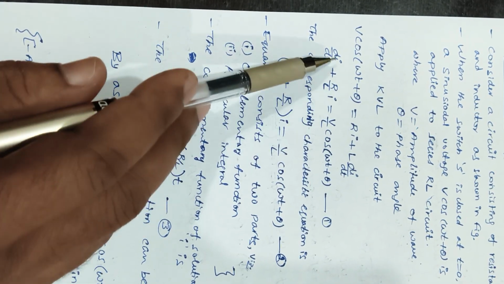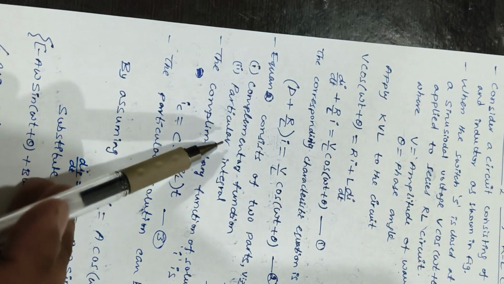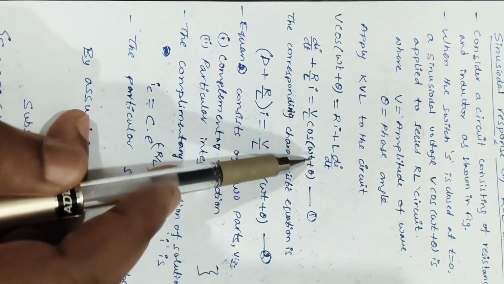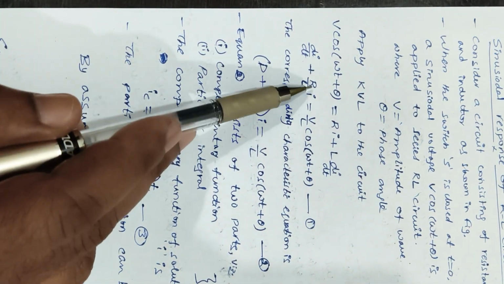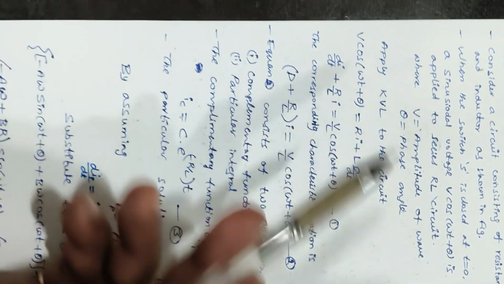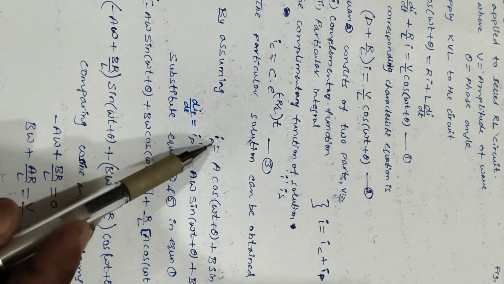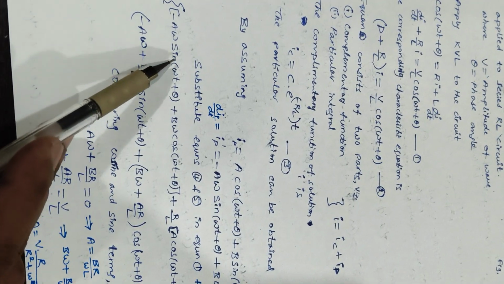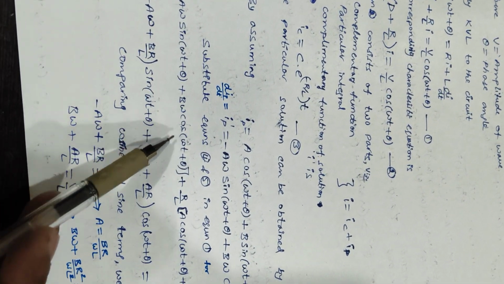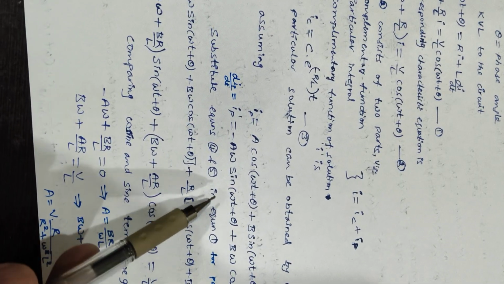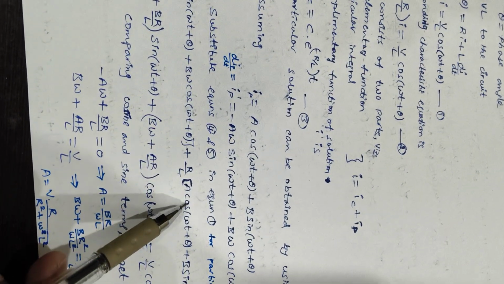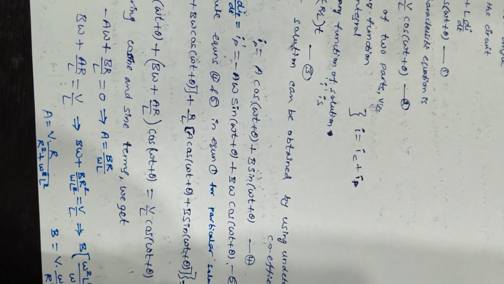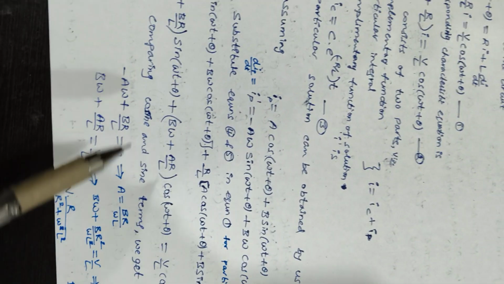As I'm finding the particular integral of current, I'll use di_p/dt + (R/L) i_p = (V/L) cos(ωt + θ). Substituting both di_p/dt and i_p, di_p/dt is minus A ω sin(ωt + θ) plus B ω cos(ωt + θ), plus (R/L) i_p, where i_p is A cos(ωt + θ) + B sin(ωt + θ), which is equal to (V/L) cos(ωt + θ).